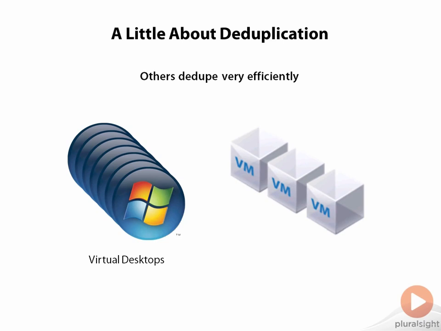Now, the data between them that may be different may not dedupe as well, but overall you get really good ratios. So that's why you'll see virtual desktops as a lot of the leading use cases for these all-flash arrays, and also it makes it very inexpensive. You can put a lot of desktops on a smaller brick and go in with a cheaper kind of price point. So those do very well, unlike, say, databases or graphics files.